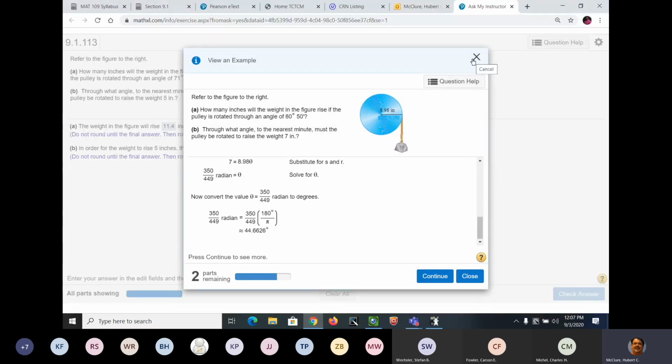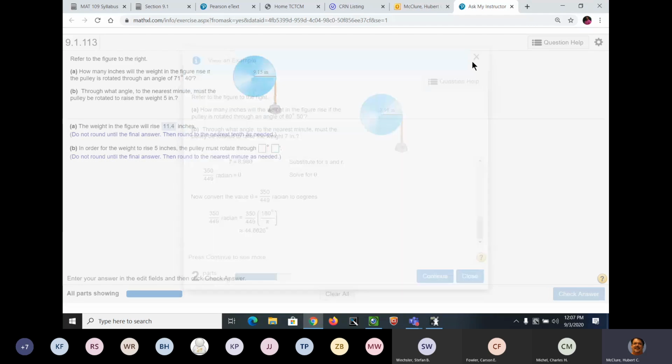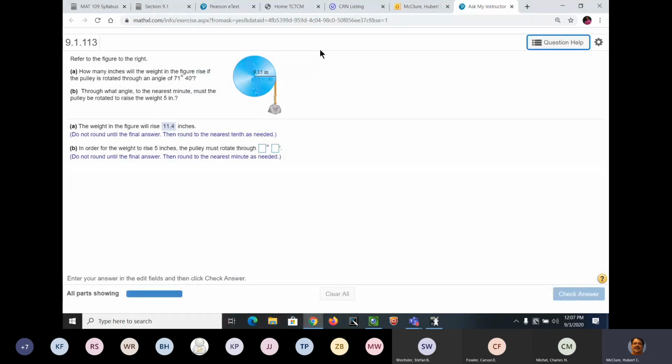That's it. So change that to 180 over pi by saying 5 over 9.15 times 180 over pi. Because technically this whole thing is in pi, and you're basically getting degrees.